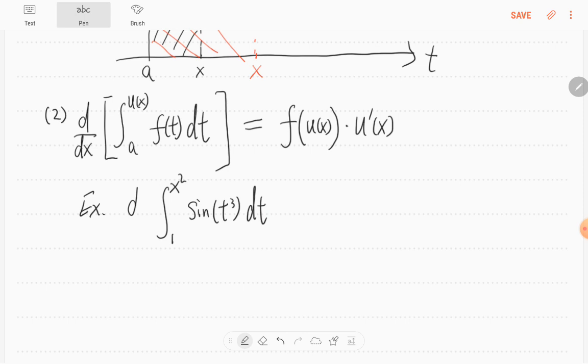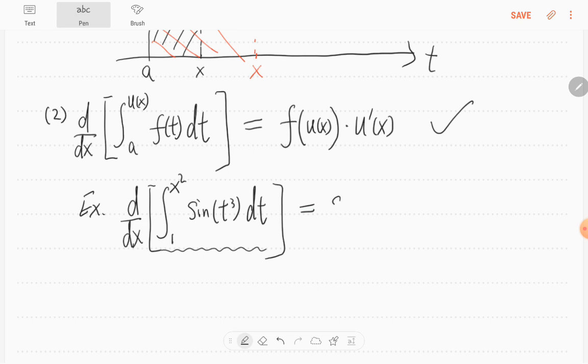We want to find the derivative of this function. The first thing, it's not easy to evaluate this definite integral and then take the derivative. It's impossible to evaluate. But with this fundamental theorem part 2, we use this formula, right?